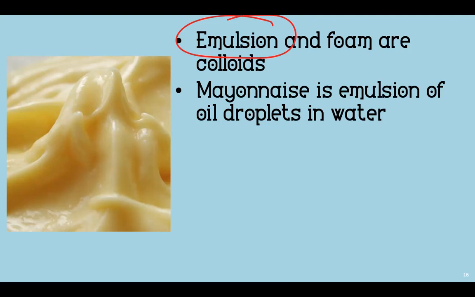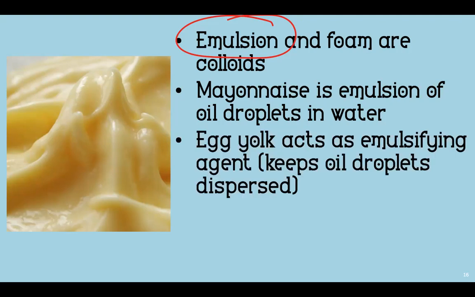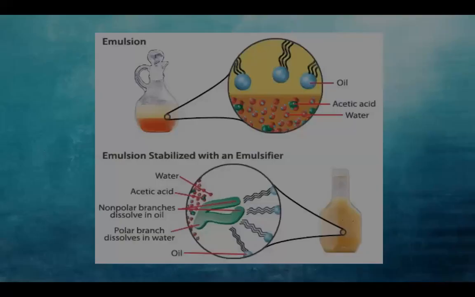And so that is what an emulsion is. You've got oil droplets in water, and usually you use an egg yolk, which is called the emulsifying agent because it keeps the oil droplets dispersed in the water.